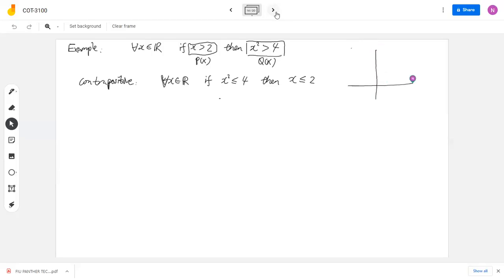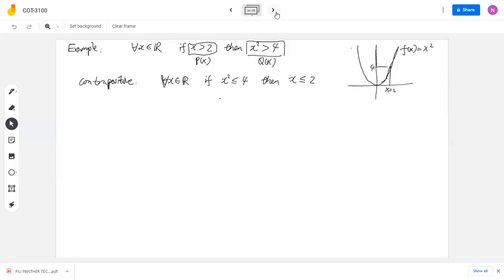We should have a shape like this: f(x) equals x squared, this is x equals 2, and this is 4.